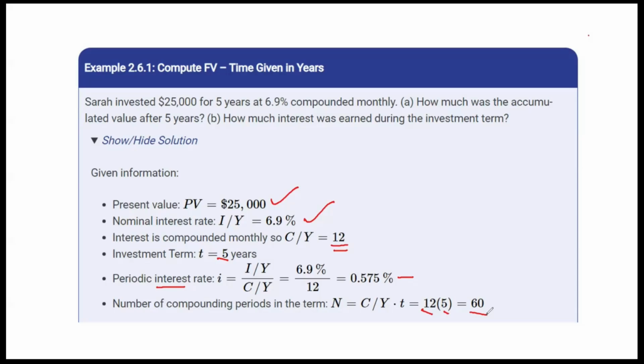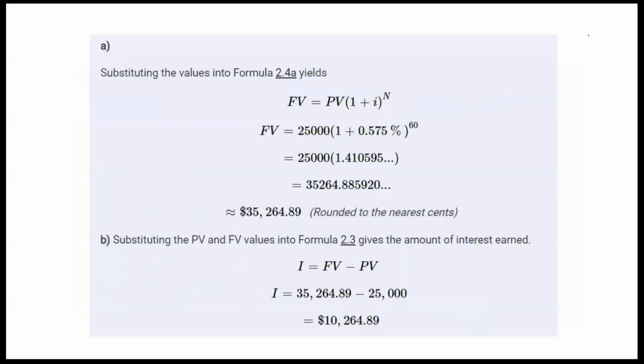Right? So after we have found all of that, we now can put it in our formula. And we'll end up with roughly what they have there, $35,264.89, right? And I talked about money, you always want to round to within a cent, right?